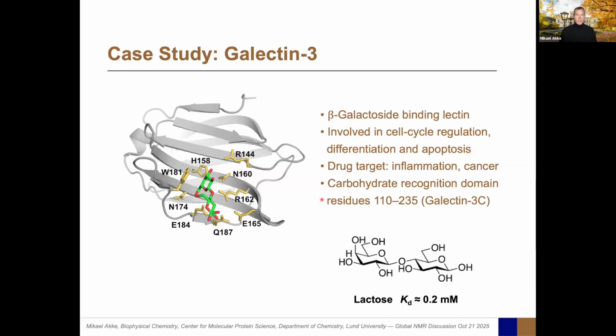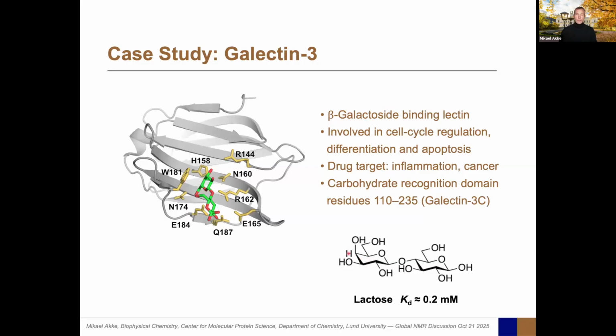235 of galectin. So what you see here on the left-hand side is lactose bound in the very shallow binding pocket, which is really just a shallow cleft on the surface of one side of this two beta sheet clam structure. And in yellow, you see residues that are highly conserved and coordinate the lactose molecule. So lactose is a native-like but minimal part of these galactosides.